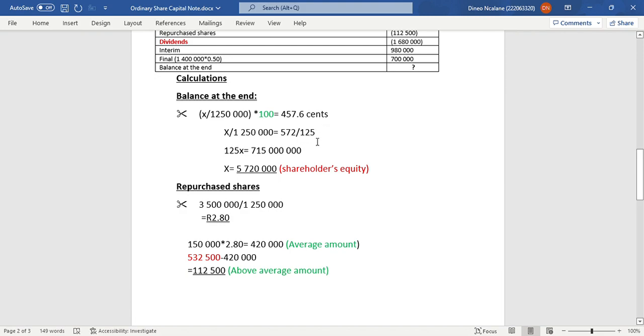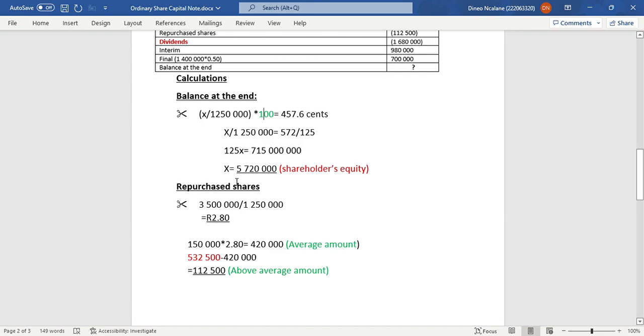Your next step now is to cross multiply. When cross multiplying, it is the denominator times the numerator. So here you are going to say X times 125, which leaves you with 125X, then 1,250,000 times 572, which leaves you with 715 million. Your next step is to divide by 125 on both sides.